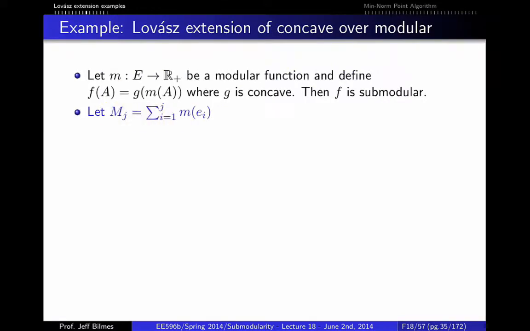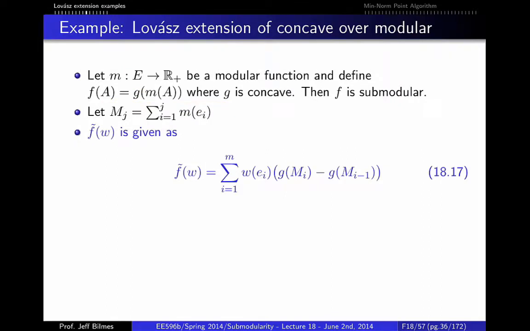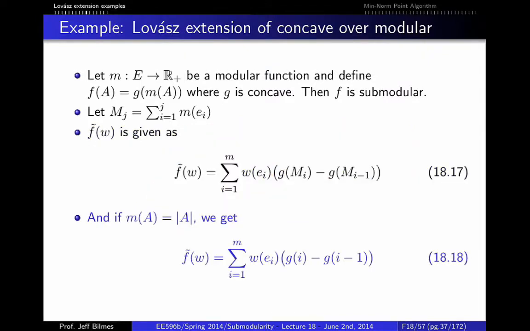If we define mj to be the cumulative sum over the first j elements of m of ei, where ei is sorted according to w, where w is given, then we get that the Lovász extension has this particular form, which is basically just the sum of the weighted differences of the concave function evaluated at these cumulative sums of the weights.